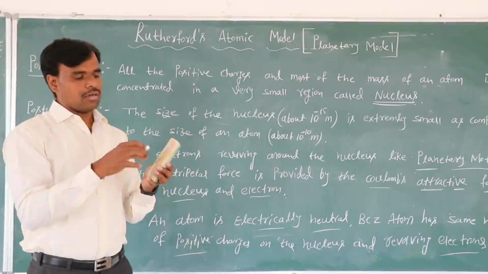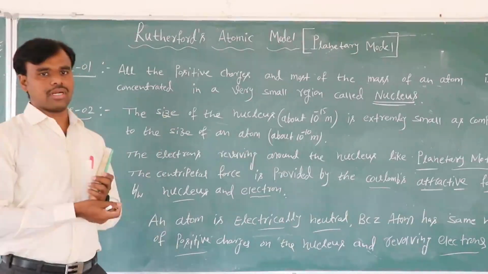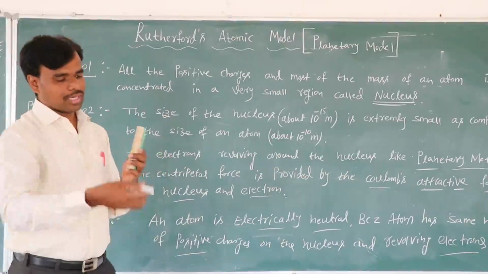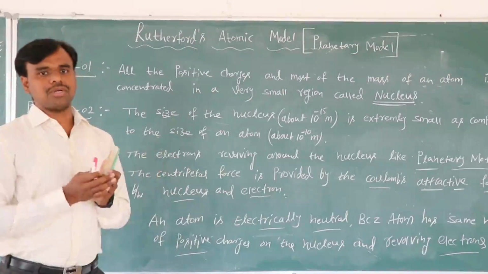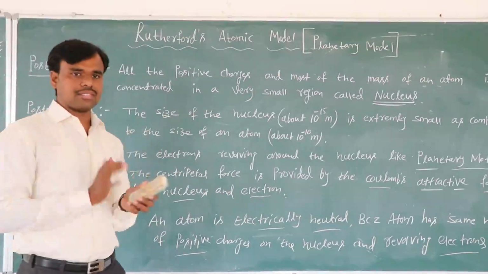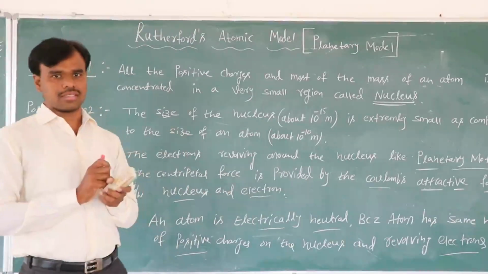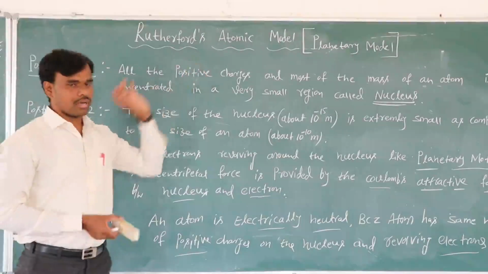That indicates that most of the space in an atom is empty, and he also concluded that some of the alpha particles are scattered due to the Coulomb's repulsion between the alpha particle and the nucleus. On the basis of these two conclusions, Rutherford proposed his atomic model.